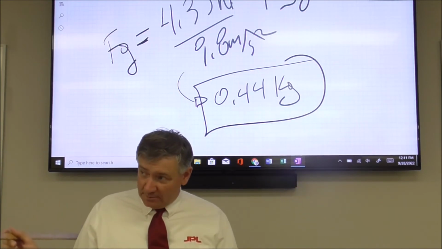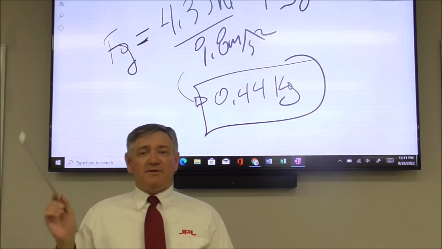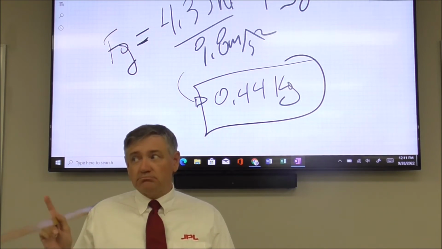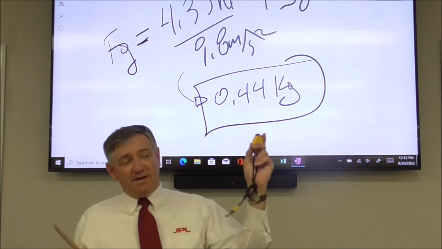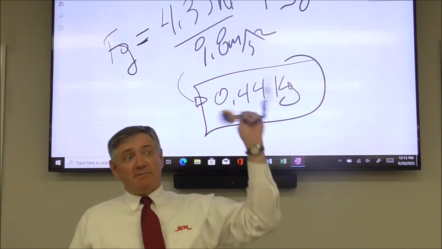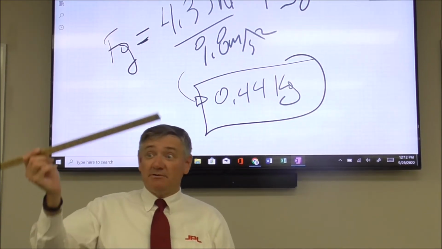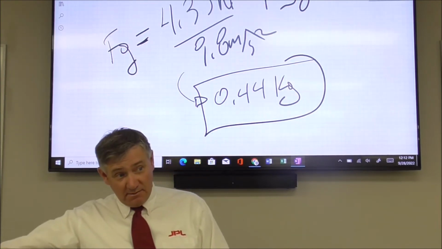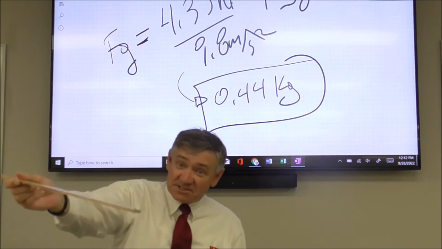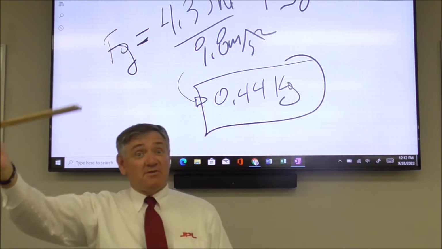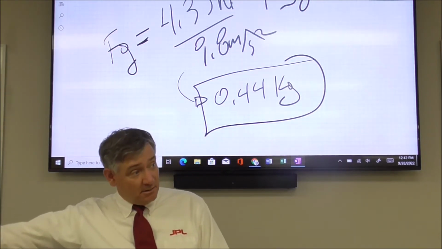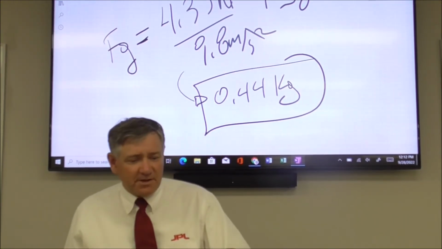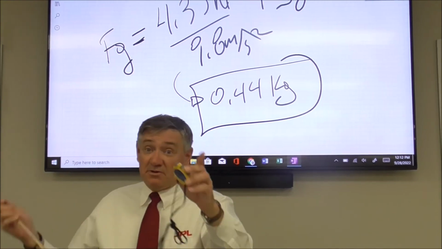Now, if I'm clever, what am I going to let the initial velocity of the cart be? Zero. So if I can measure distance and time, I can figure out the acceleration. Once I get the acceleration and I know the mass, I can calculate the force.